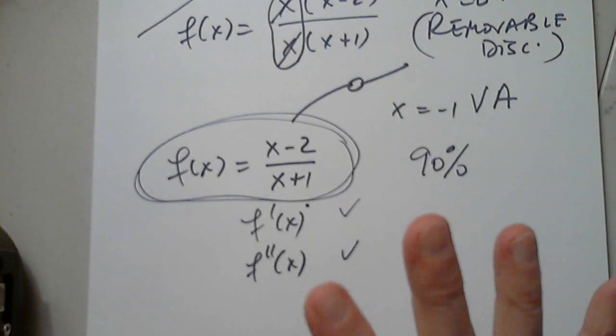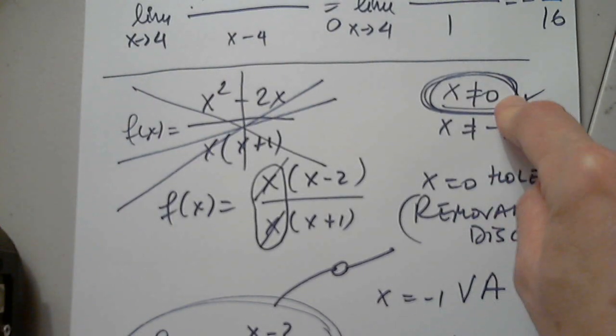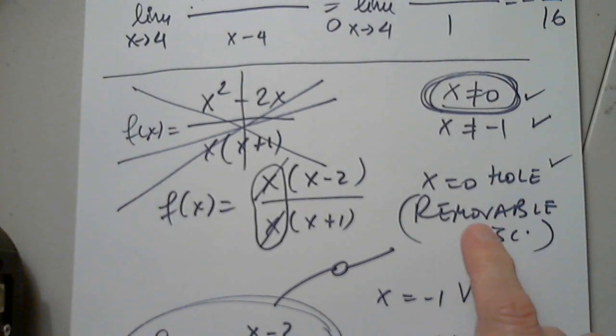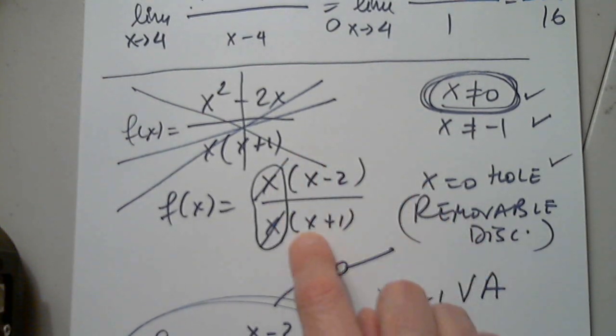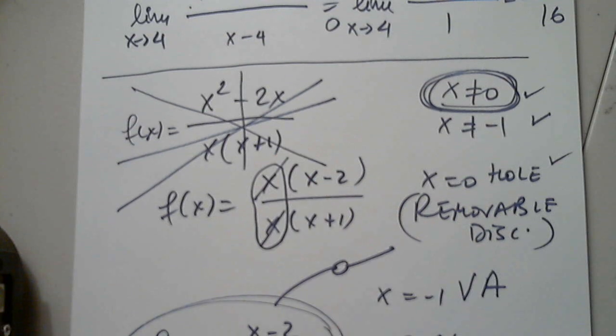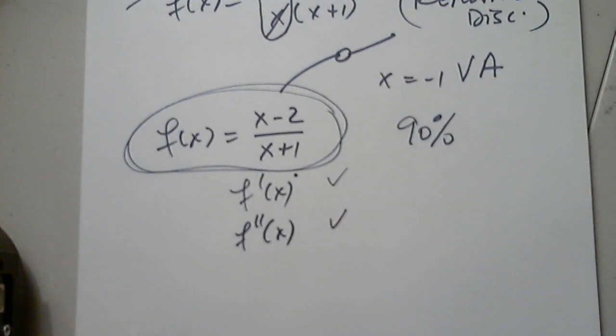Once a factor is gone, since you already stated the restriction, since you already know that is a hole, you cannot change that. And you know that x equals -1 is a vertical asymptote. Now you're differentiating only this piece, which is a piece of cake, right?